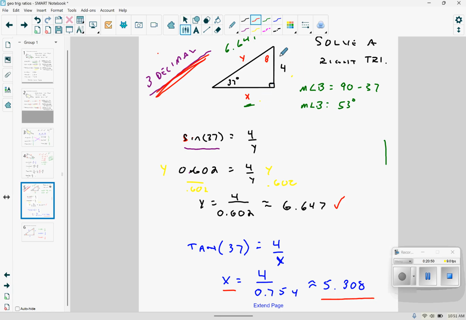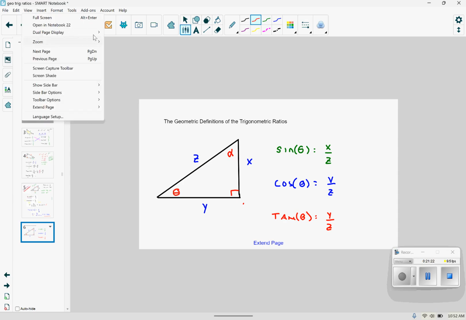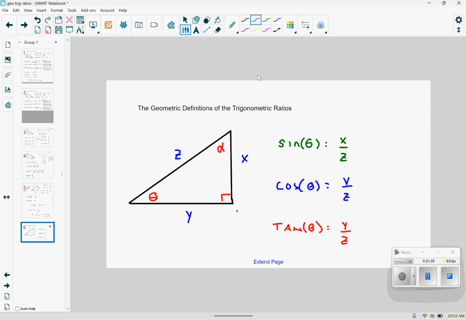One more thing I want to bring up is that in this course of trigonometry, instead of angles being labeled with uppercase letters, it's going to be more common to use Greek letters to represent angles. And so here we have the Greek letter theta.